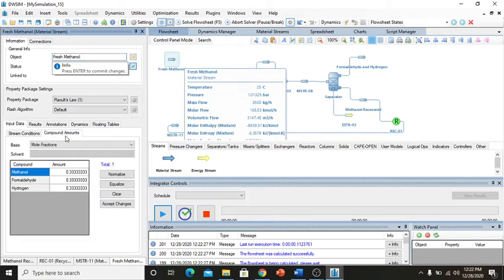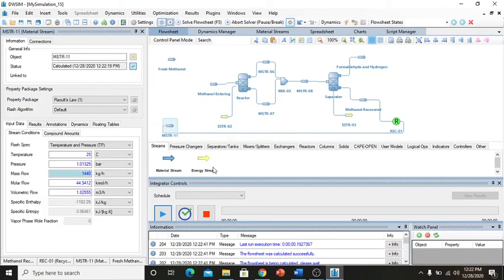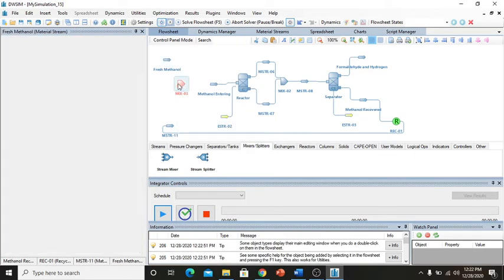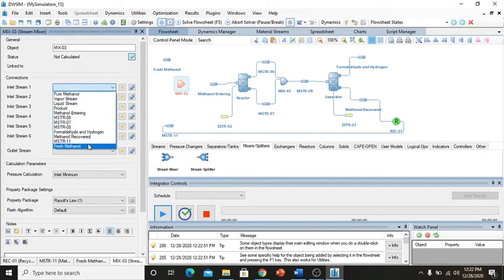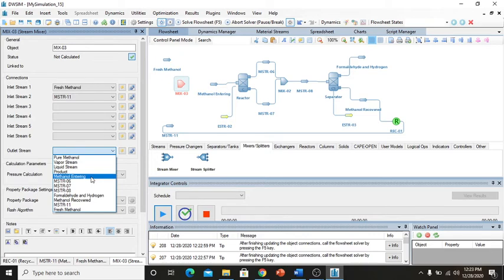Since this is fresh methanol, it is pure methanol. Then we will be using a mixer to mix the fresh methanol and the methanol recovered. Okay, mixer, fresh methanol, and stream 11, and the outlet stream is the methanol entering the reactor.